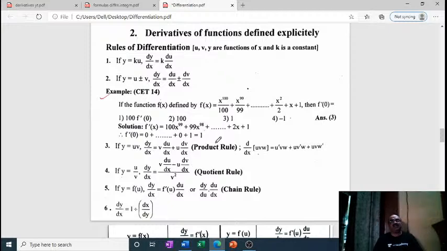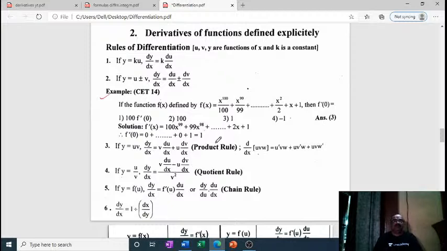Please understand, u, v, y are functions of x and k is a constant. If y equals u plus or minus v, dy by dx is equal to du by dx plus or minus dv by dx.